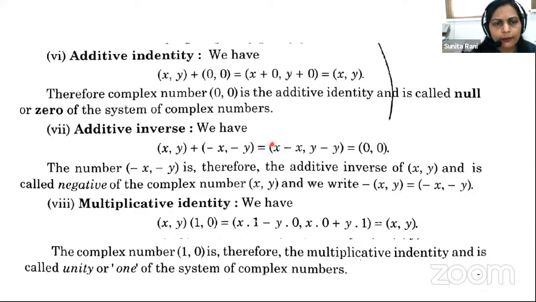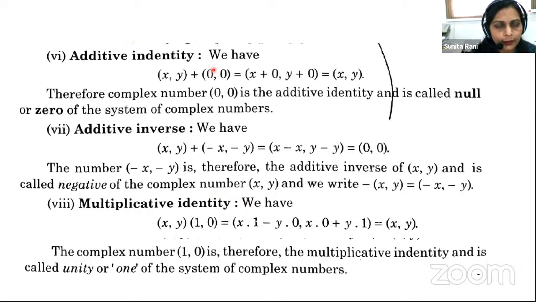If you have a complex number x plus iota y and its inverse minus x minus iota y, after adding this we get 0 plus iota 0. So same here, (x, y) plus (minus x, minus y), the inverse of that complex number, and after adding that we get the (0, 0) complex number, 0 plus iota 0.